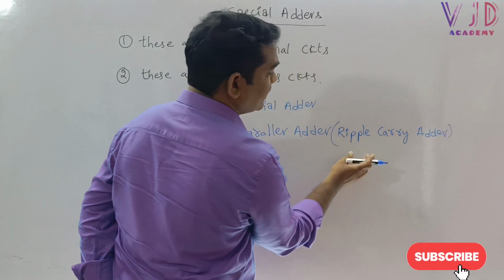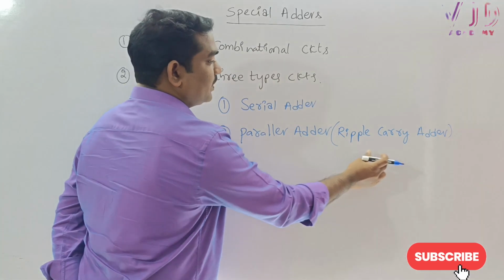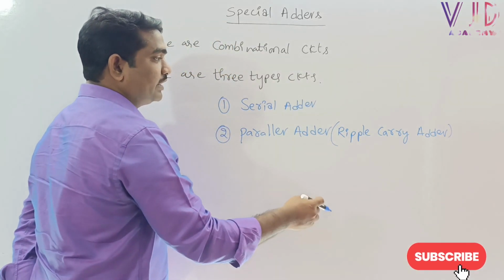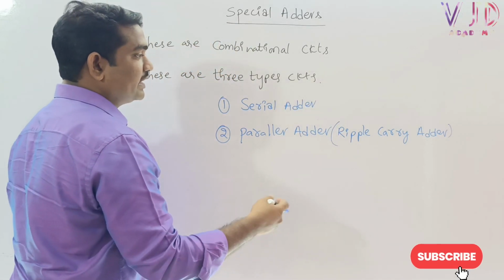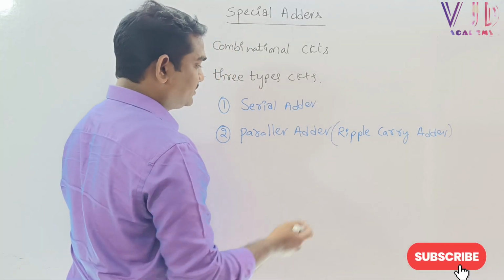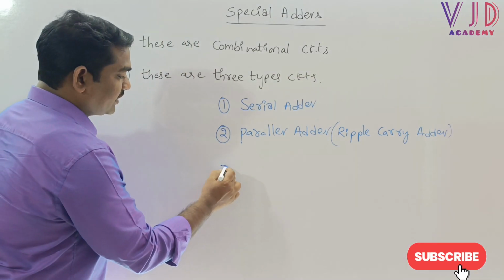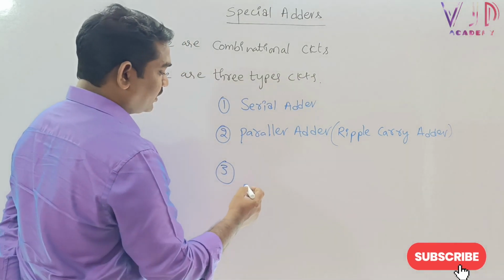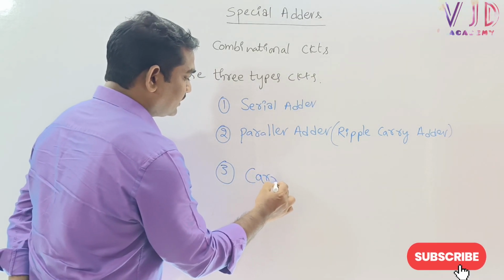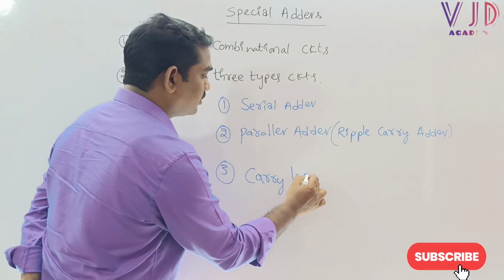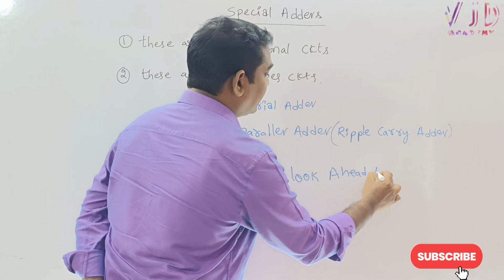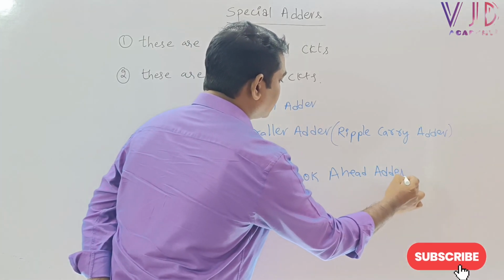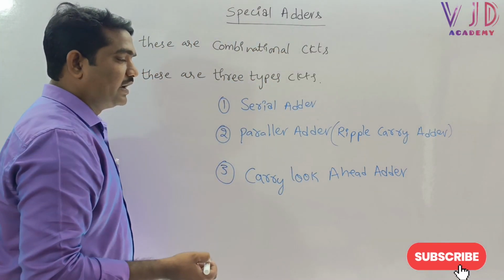We will understand why we are calling it a ripple carry adder, how it is carrying a ripple to the next full adder. We are going to see that. And now the third one is very, very important: carry look ahead adder. These are the three types of adders.